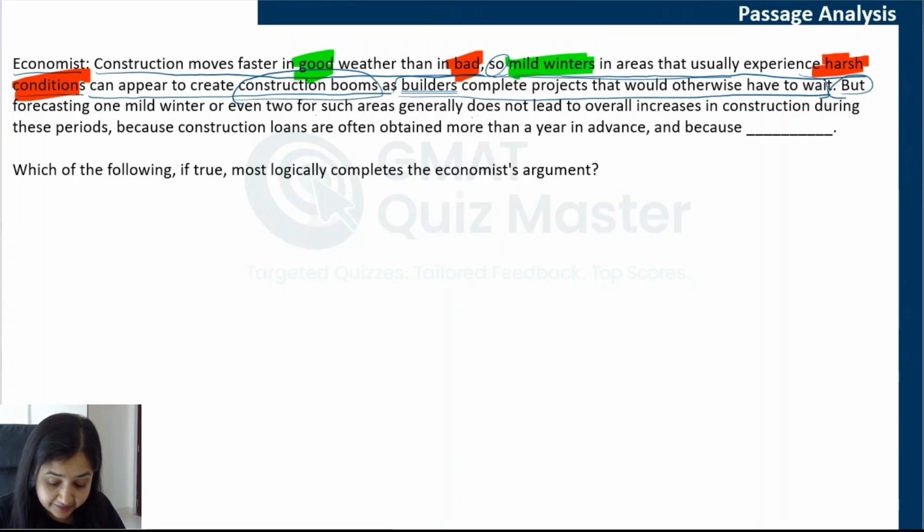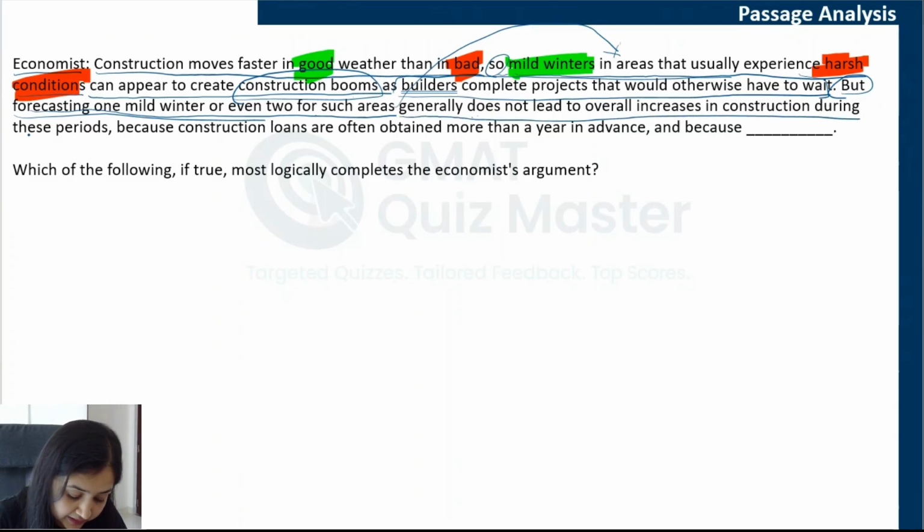But means there's a contrast that we are going to read now. Forecasting one mild winter or even two for such areas. Now we are talking about forecasting one mild winter or even two for these areas. These areas means the areas that usually experience harsh conditions. For such areas, even if we can forecast one or two mild winters, that forecasting generally does not lead to overall increase in construction during these periods.